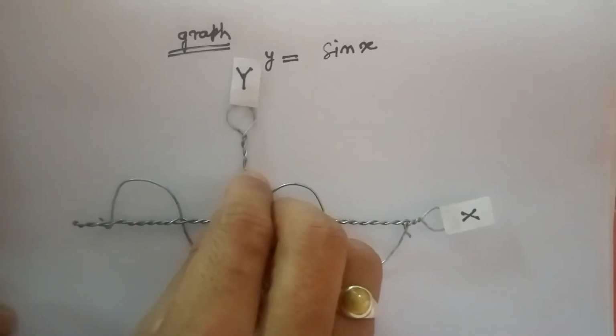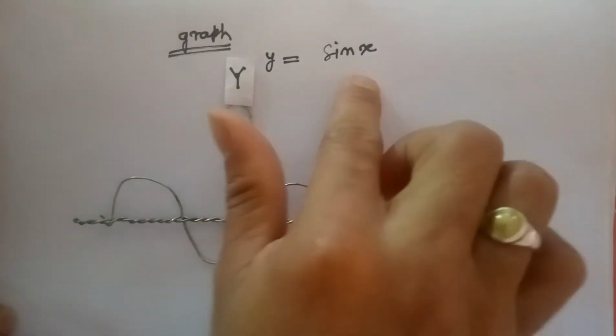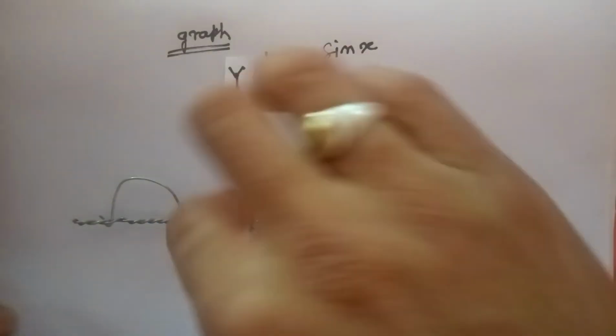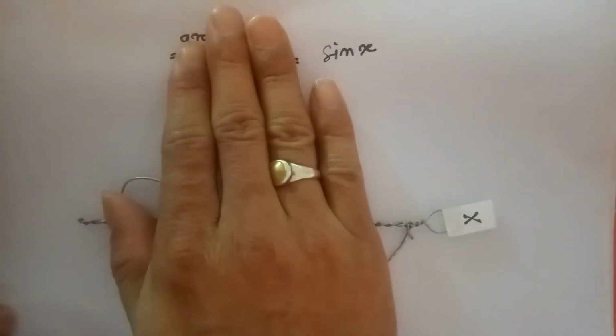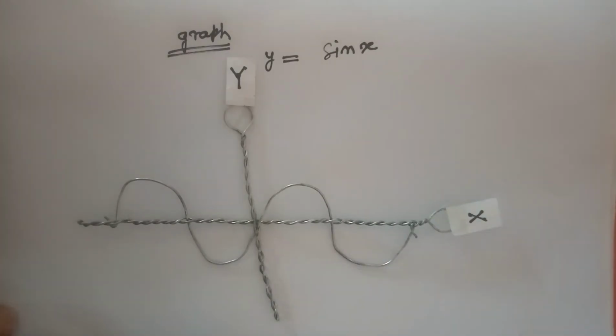Once again, you see this is the normal graph of y equal to sin x. This is the x axis, this is the y axis. I rotate one time like this. After that I reverse it, then we simply get the sine inverse graph.